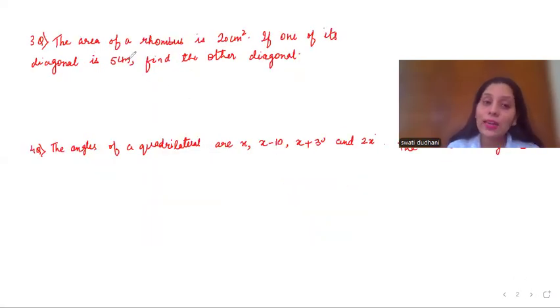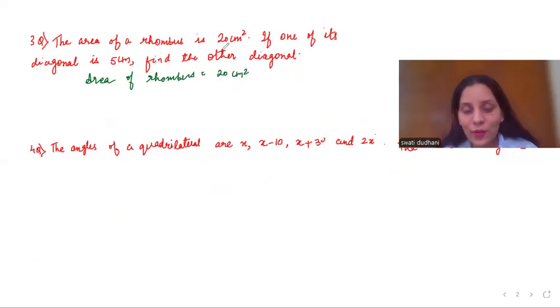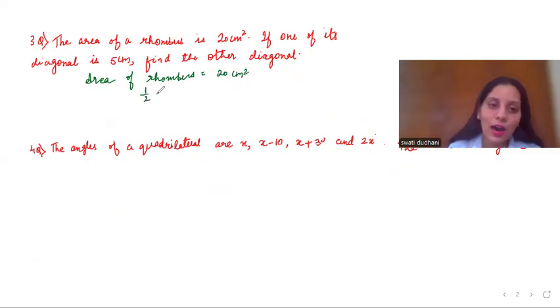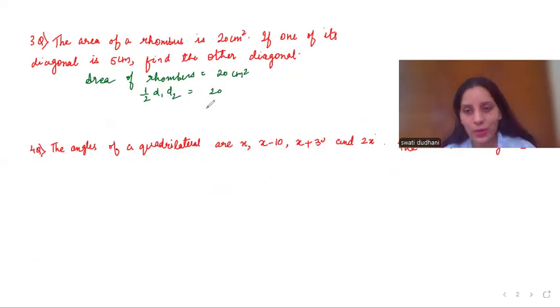Next one. The area of the rhombus is 20 centimeters square. So let me write, area of rhombus is equal to 20 centimeters square. What is the area of a rhombus? The formula is half into diagonal 1 into diagonal 2, which is given as 20. Now one of its diagonals is 5. You need to find the other.